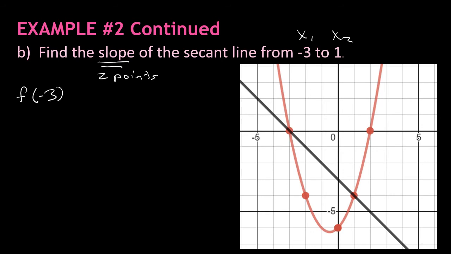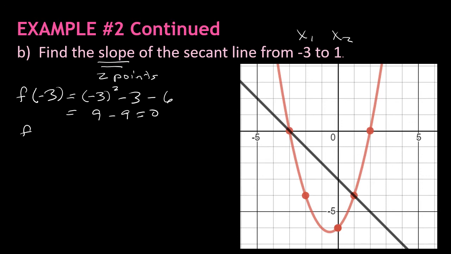So f of -3, and I'm going to substitute that into my original function. So -3 squared minus 3 minus 6. This becomes 9 minus 9, which is 0. So one of my points is f of -3 equals 0.